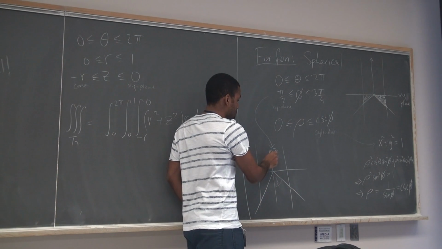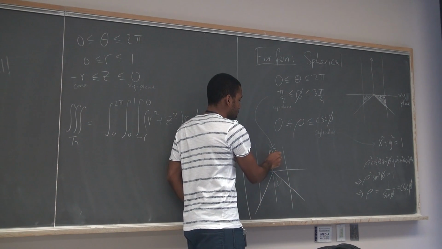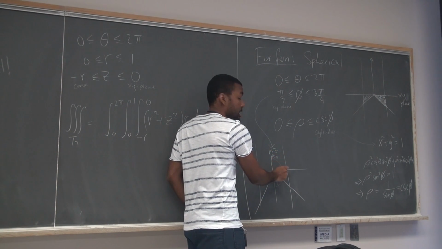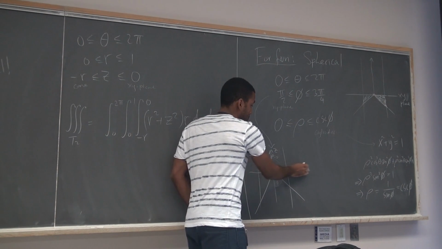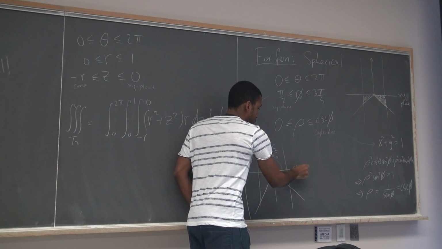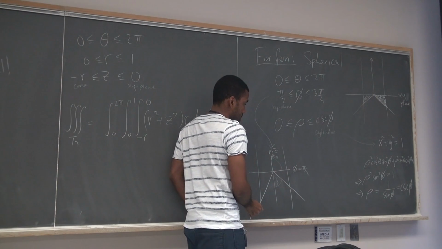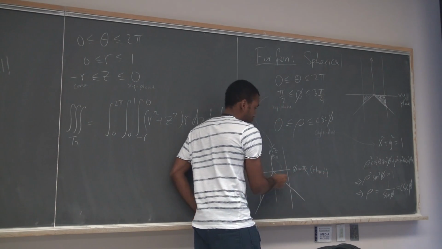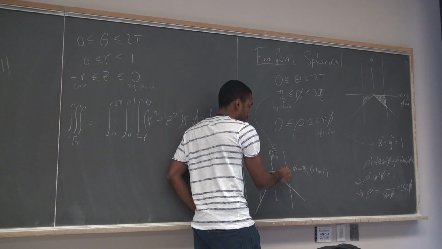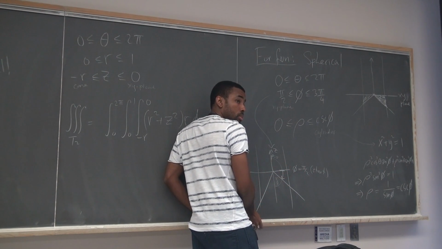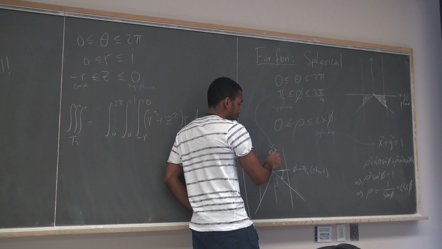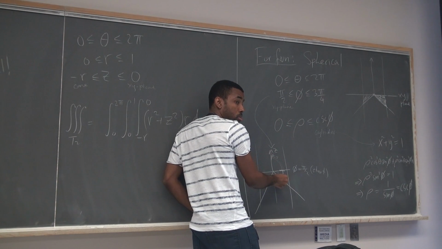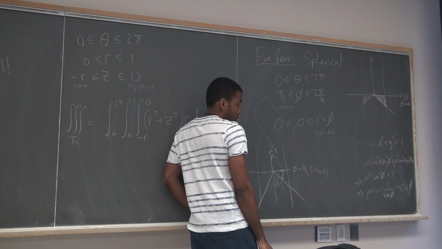Phi starts at the z-axis, where phi is 0, so by the time it hits the xy plane, phi is pi over 2. But that's the start here, because I'm starting at the xy plane. So I start at pi over 2, and this angle here is pi over 4, so the whole angle is 3 pi over 4.